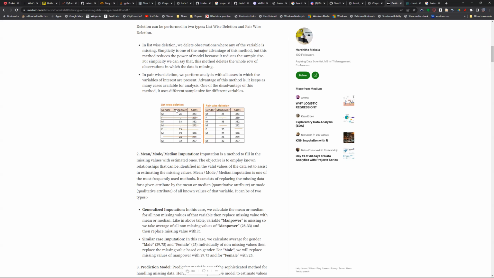So in this one, we have gender, manpower, and sales. If manpower is missing, we're going to delete it. If gender is missing, we're going to delete it. And if sales is missing, we're going to delete it. So that's a very radical approach. You're going to reduce, remember, your number of observations.